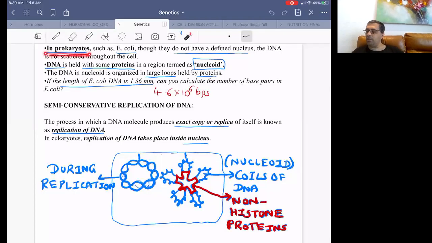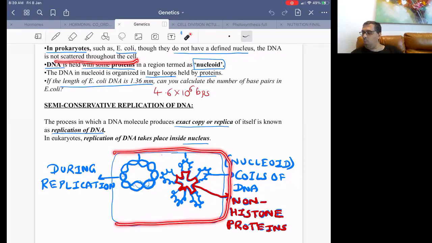For that, first, let us understand what bacterial DNA looks like. In prokaryotes such as E. coli, they do not have a well-defined nucleus. The DNA is not scattered in the nucleus. Bacterial DNA, this is the bacterial cell wall with the cell membrane.